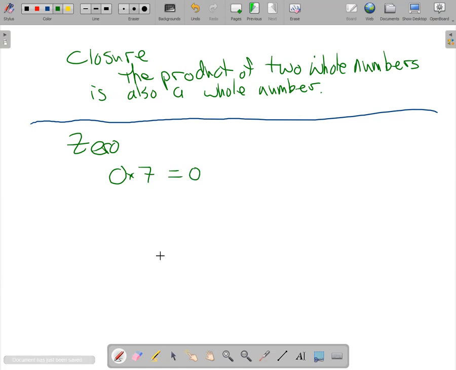And nothing like that happens with addition or subtraction. So 0 is its own special property in multiplication. Anything times 0 is still 0. And unfortunately, this causes a problem with division that we'll see later.